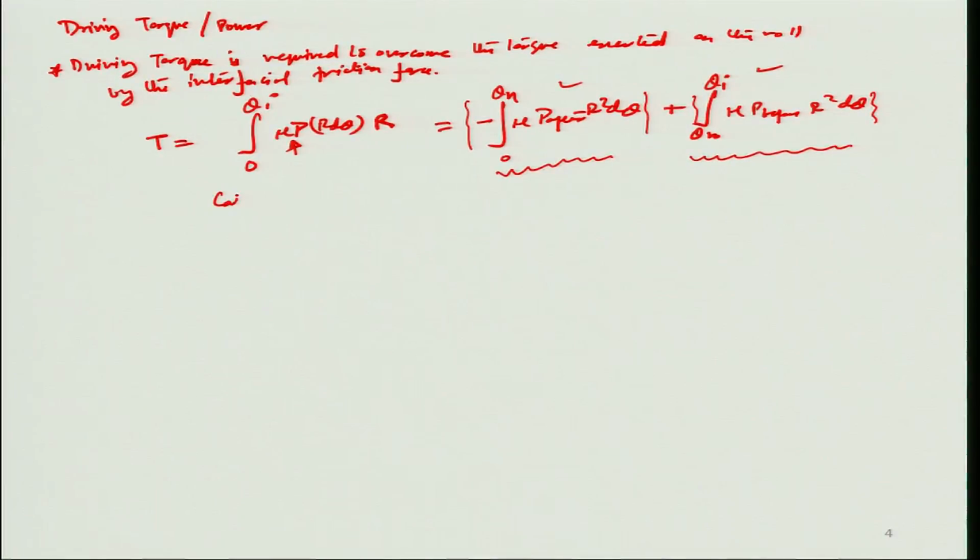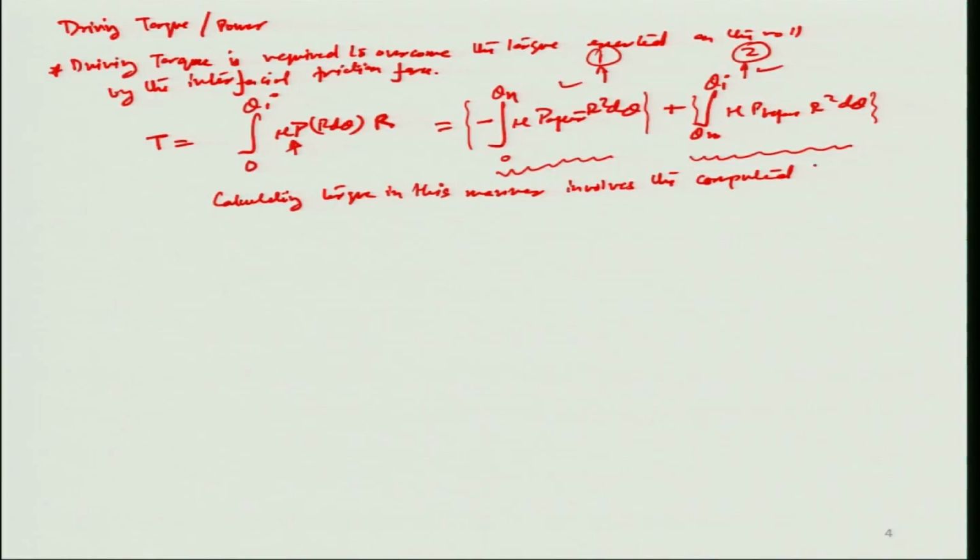So calculating torque, although it is logically correct, in this manner involves the computed values of the integrals 1 and 2 mentioned above. This is integral 1, okay. Let us just write this as integral 1 and this is integral 2.